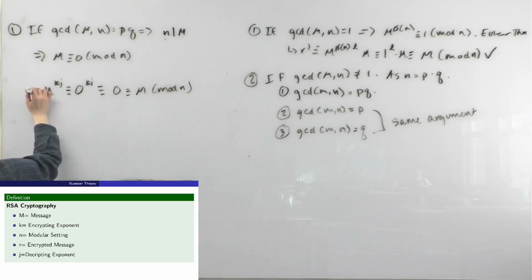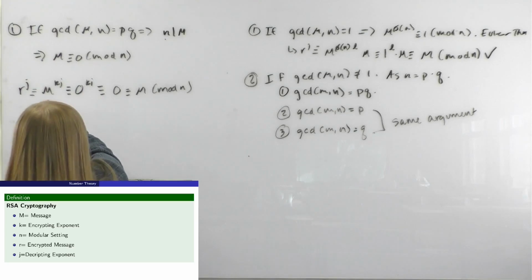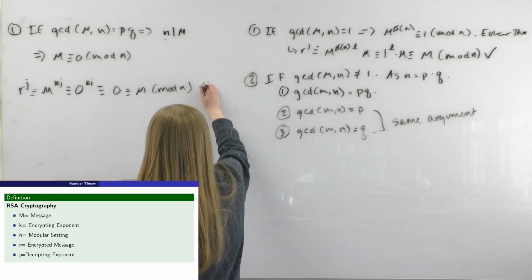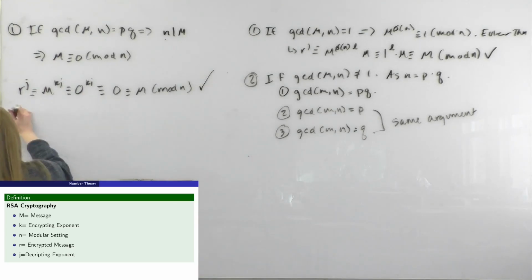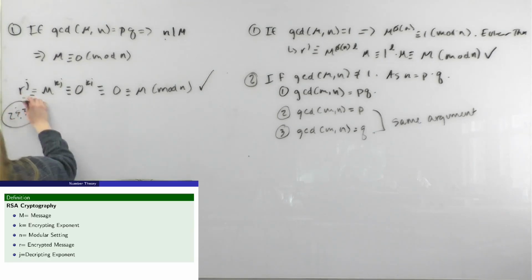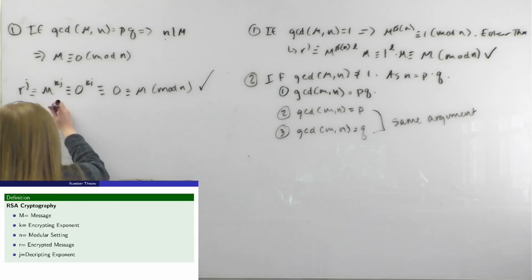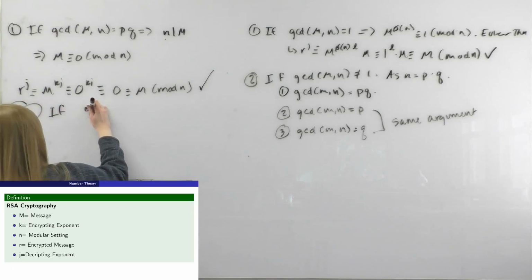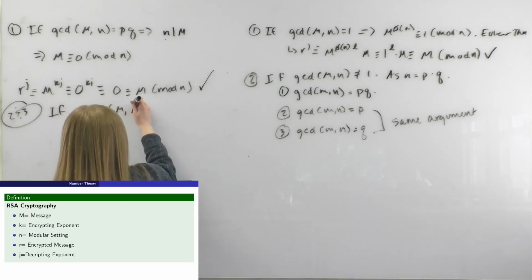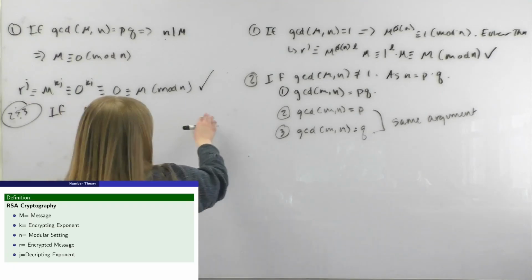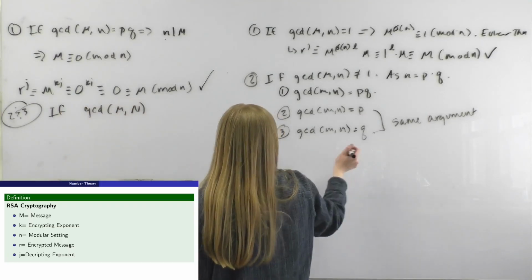And we know that R to the J is congruent to this piece. So we're done. And for 2 and 3, we have if the GCD of M and N is just one of the primes. I'm just going to go with Q here.